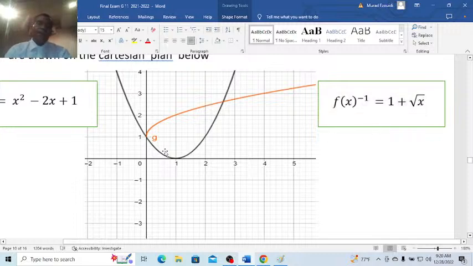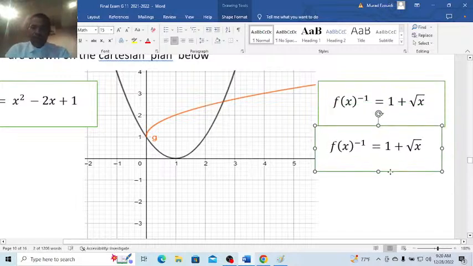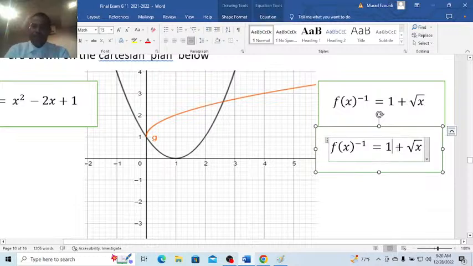Now, if we are going to find the range of 1 minus root of x, I will just plot this one. It will be symmetrical.